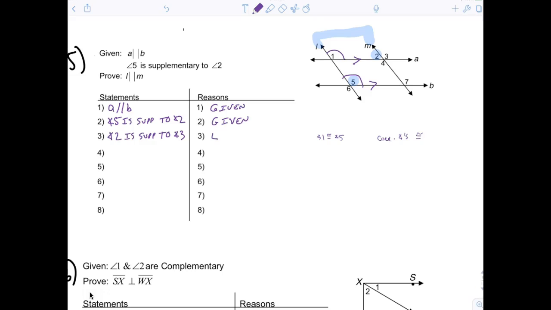I don't care what you call it, linear pair postulate. Linear pair postulate says if 2 angles form a linear pair, then they are supplementary. All right.